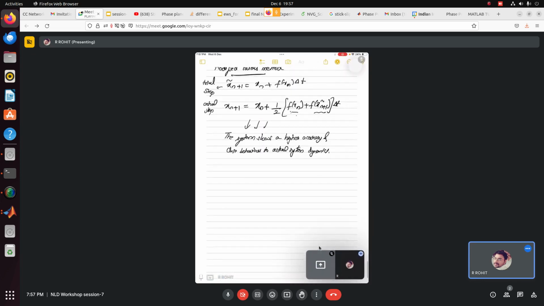You can use higher order terms and get more accurate results. So here we will study the Runge-Kutta fourth order method.